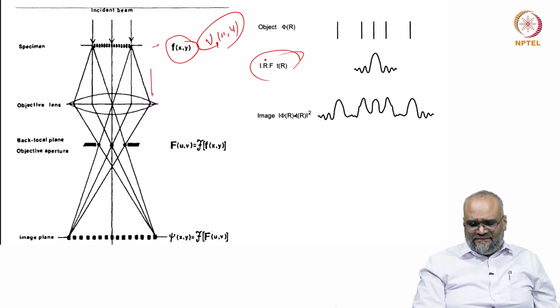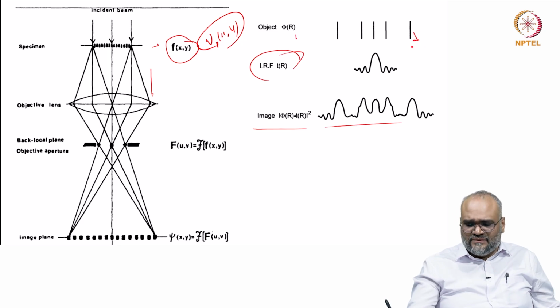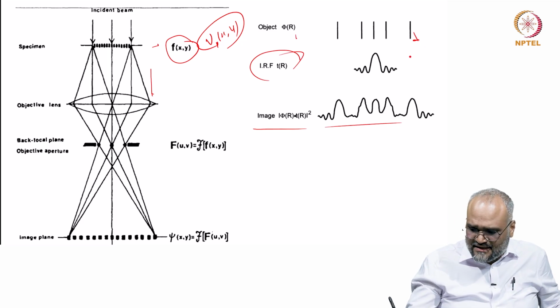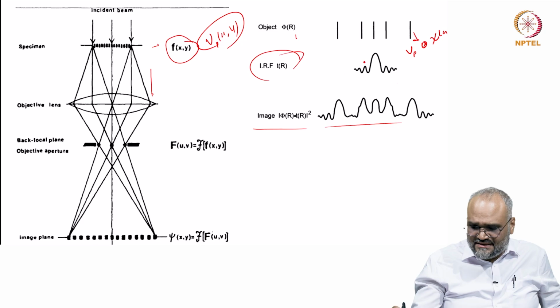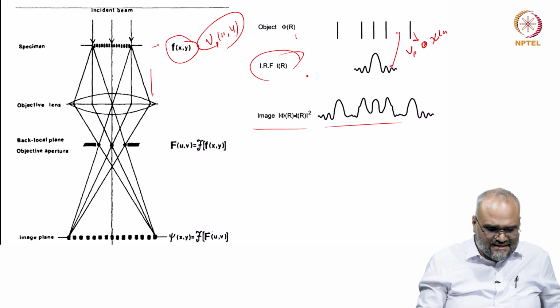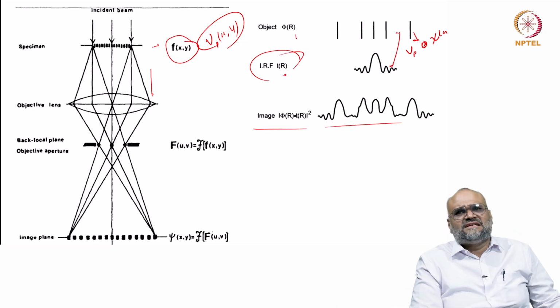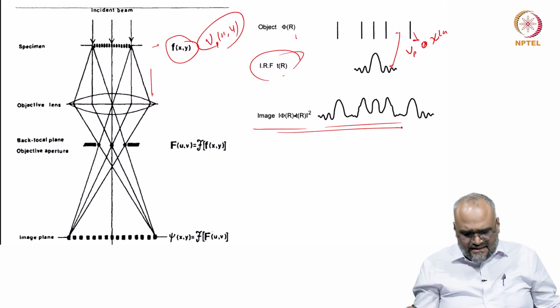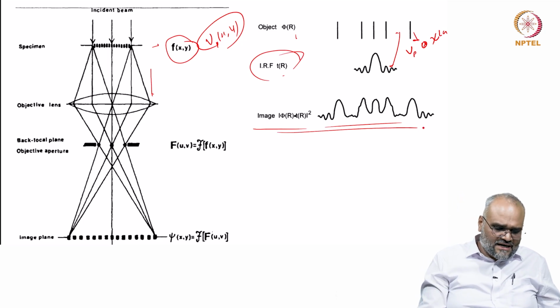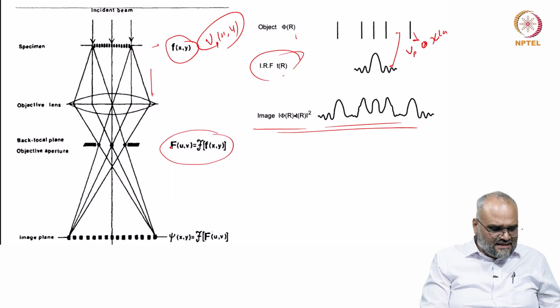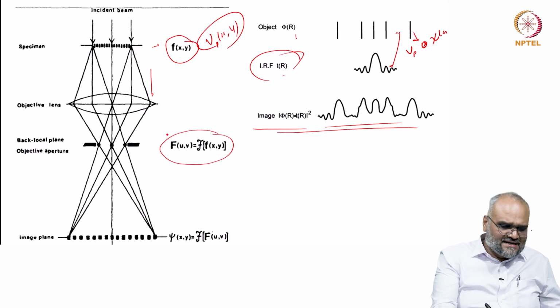What I record in an image is a convolution between the object function, which is inherently a convolution between the projected potential and the lens aberrations, and this convoluted with the impulse response function is what I am recording in an image.